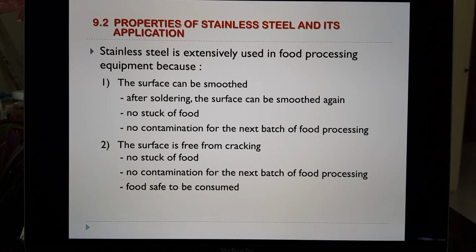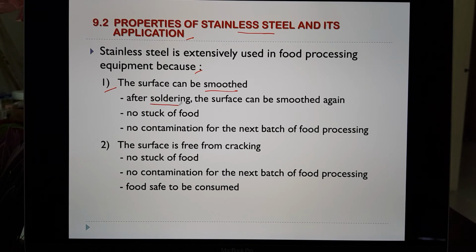Alright, and then the properties of stainless steel. Stainless steel is widely used in the food industry because of its characteristics. Stainless steel is extensively used in food processing because, first, the surface can be smooth.